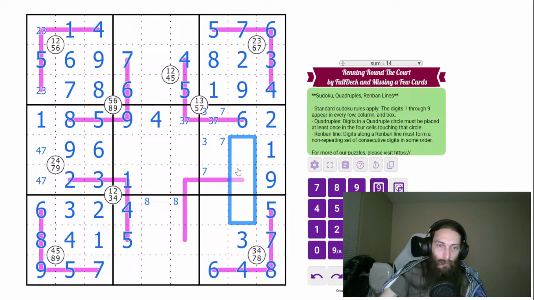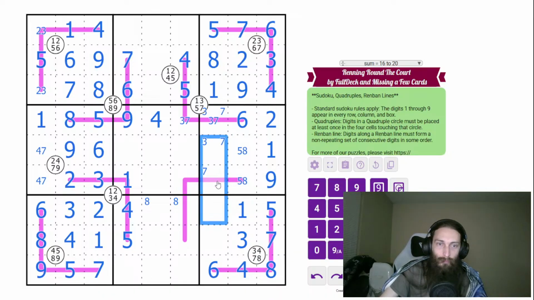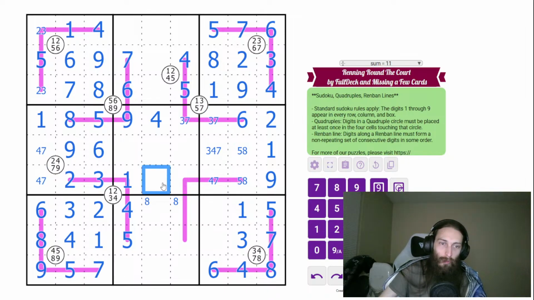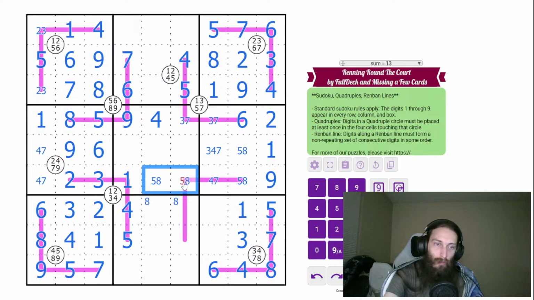One is in box 9. 5, 4, and 8. So 3, 4, 7, and 7, 4. 3 isn't here. Gives us a 4, 7 pair, so 5, 8, and 6. 5 is gone from this.